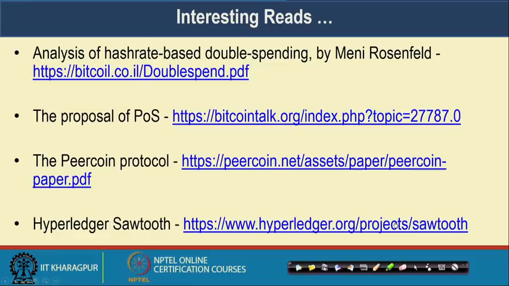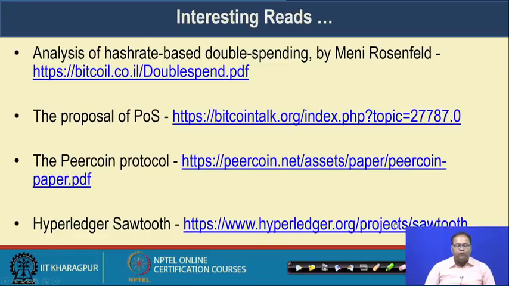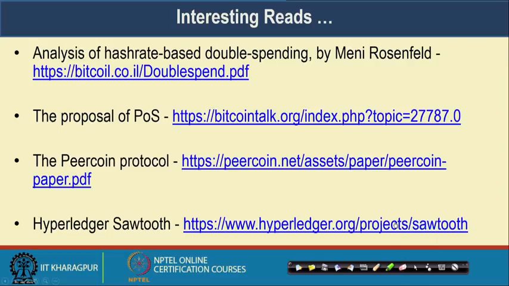Then the second link is on the proposal of proof of stake. So, you can look into different interesting ideas there. The third one is the Peercoin protocol that has utilized the proof of burn mechanism, and the fourth one is the Hyperledger Sawtooth platform. So, you can explore the internal details of the architecture of this Sawtooth platform.